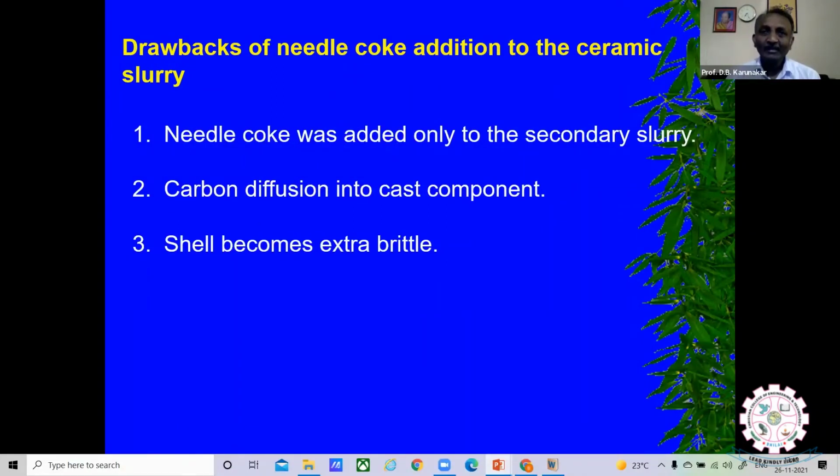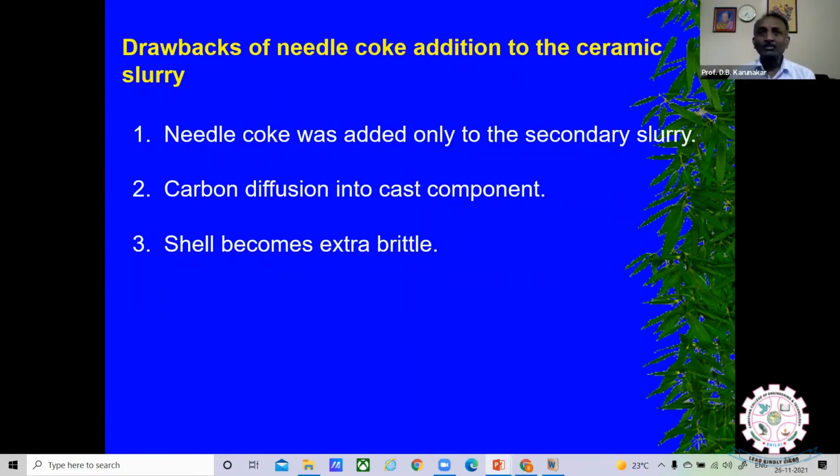Tell me. Needle coke will be present in the primary slurry, meaning on the very surface of the mold. And during firing, that needle coke will be burnt out, and that inner surface of the shell will be spoiled, and that will not be useful. So needle coke could be added only to the secondary slurry.